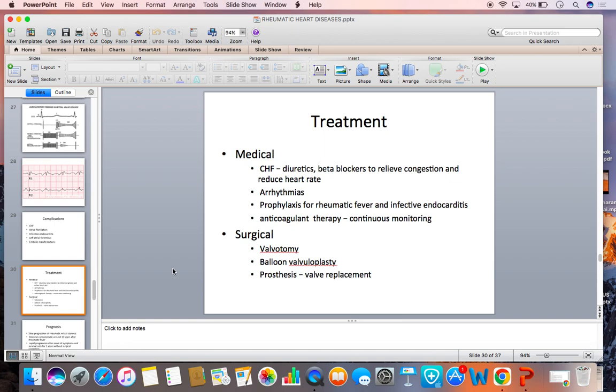But following surgery and the valve replacement, anticoagulant therapy should be continued lifelong with strict monitoring. So valve replacement therapy is going to improve the well-being of the patient with good effort tolerance.